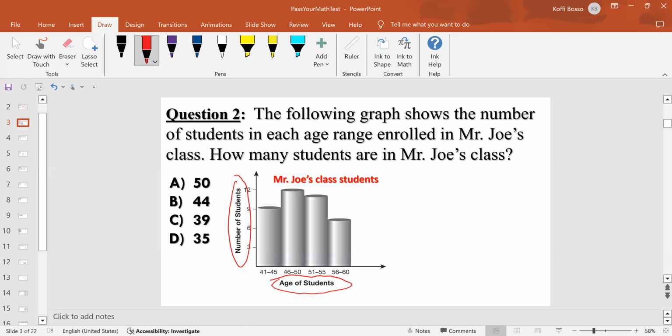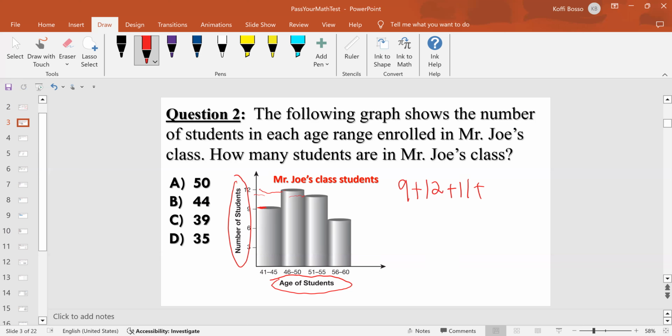Because they ask for the number of students, we take each bar. The first bar stops at 9, so I'm going to have 9 plus the second bar, which is at 12, so plus 12, plus the third bar, which is a little bit below 12, so we can assume this is 11.